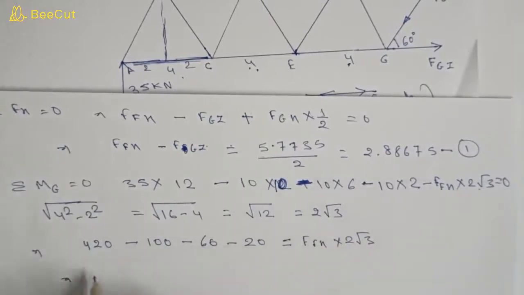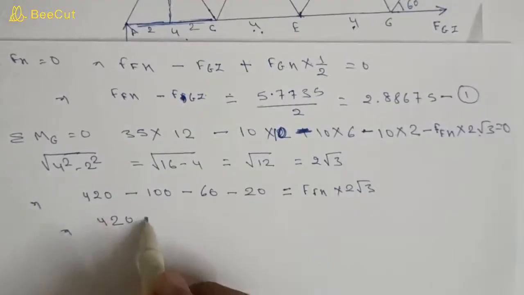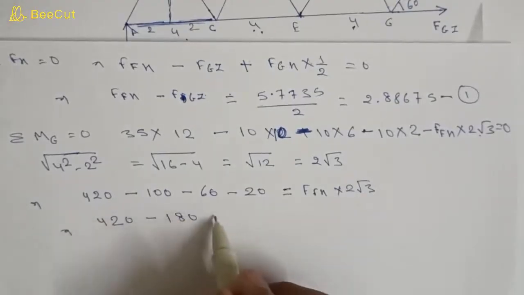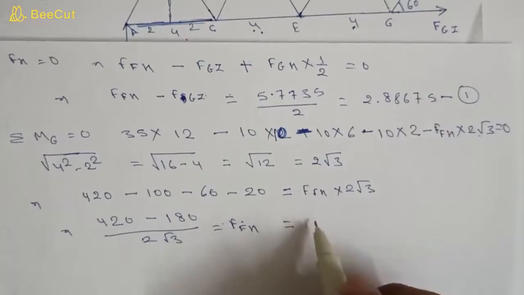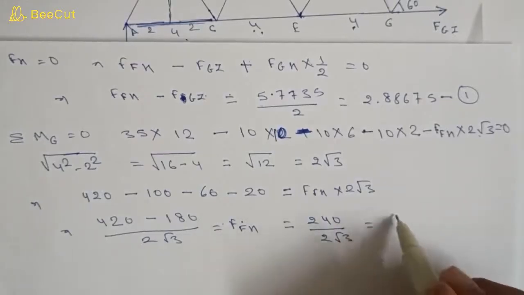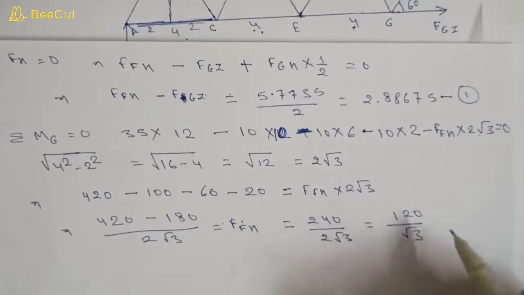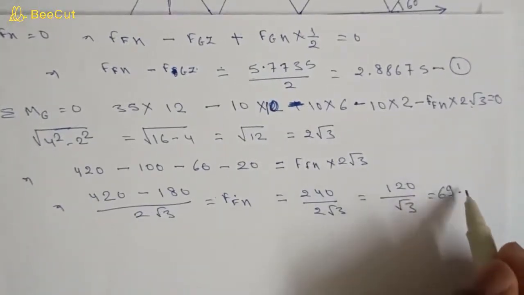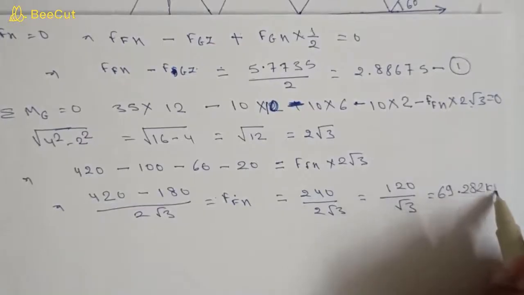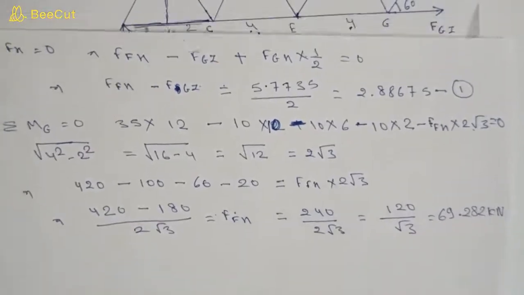So it will become 420 minus 180 divided by 2 root 3 is equal to FFH, so it will become 240 divided by 2 root 3, or you can write 120 divided by root 3. If you find its value, it will become 69.282 kilonewton. It is also positive, so the direction is okay.